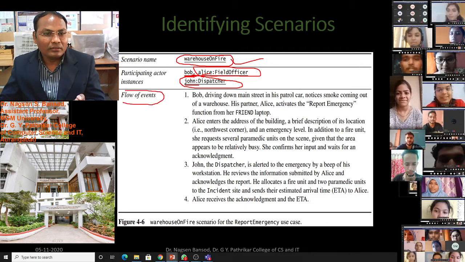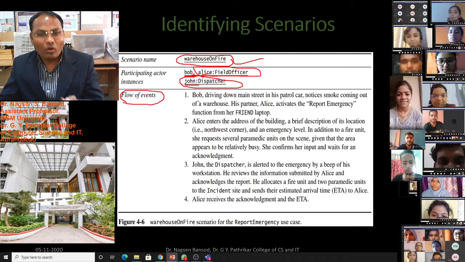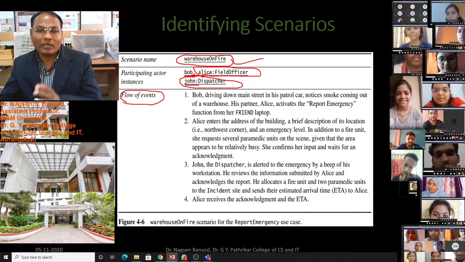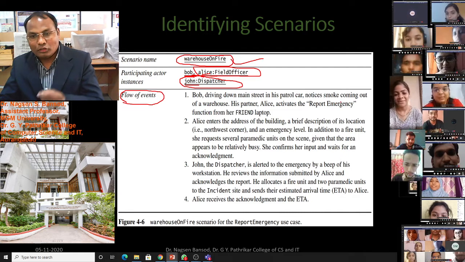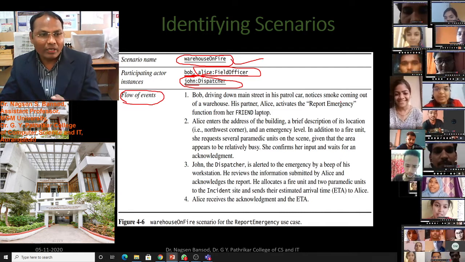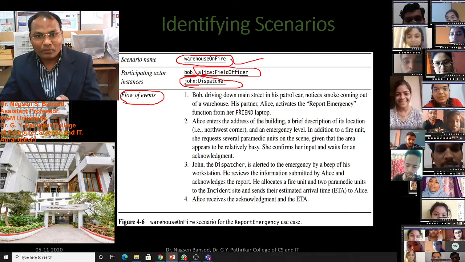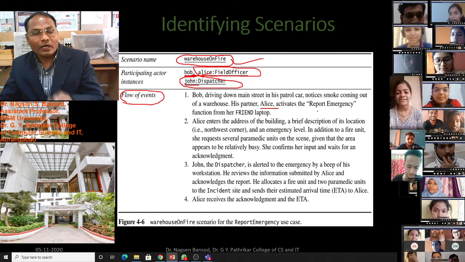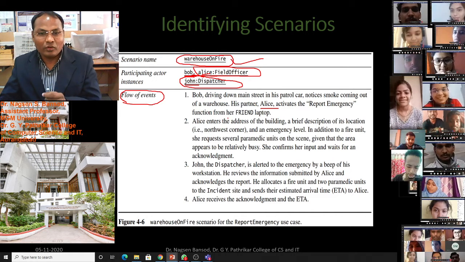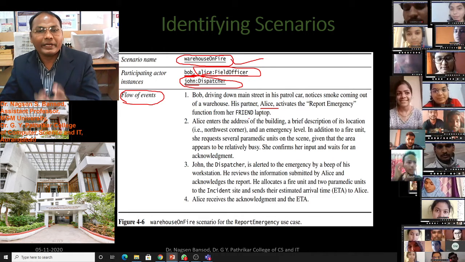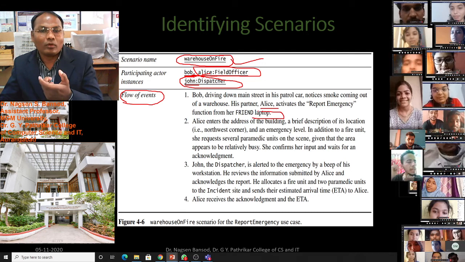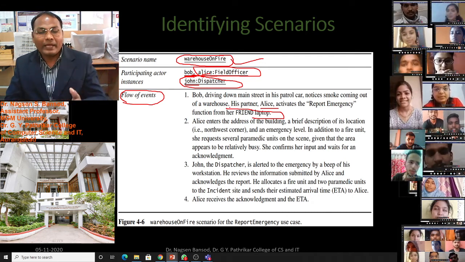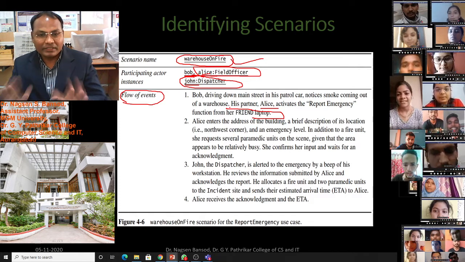Flow of events: first, Bob is driving down Main Street in his patrol car and notices smoke coming out of a warehouse. His partner Alice activates the report emergency function from her FRIEND laptop. There is software in the laptop, and she starts the report emergency function.